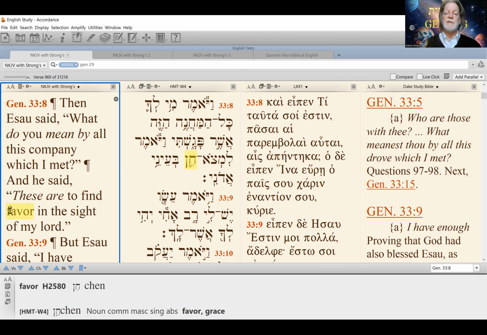So Yaakov said, these are to find favor in the sight of my Lord. The word favor here is chen. And it is one of the words that is translated grace in the Old Testament. Here in the New King James Version, it's translated favor, which is kind of the same thing. The other Hebrew word that is more frequently used for the concept of grace is chesed.